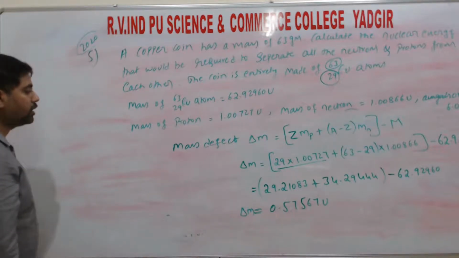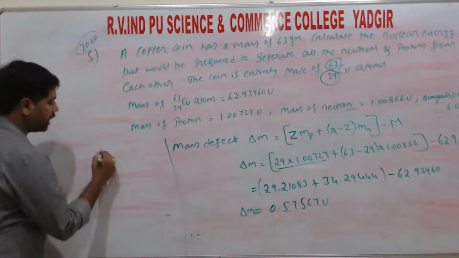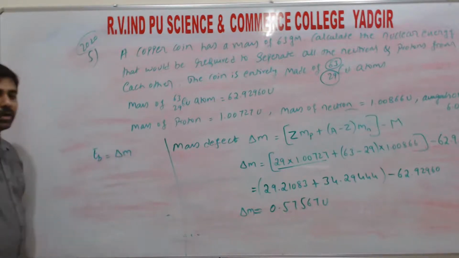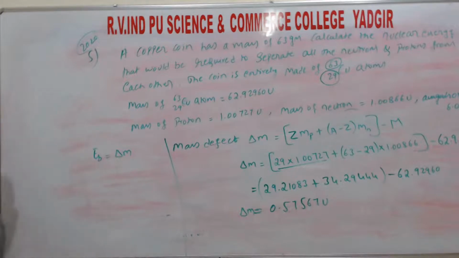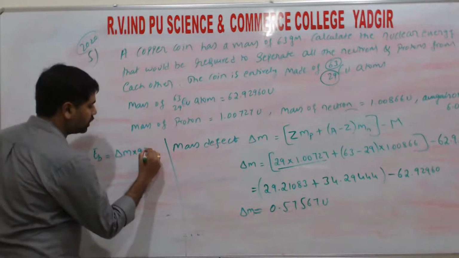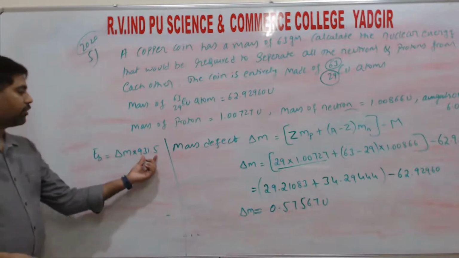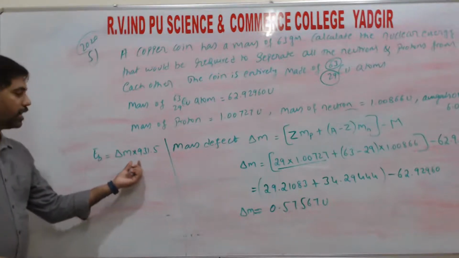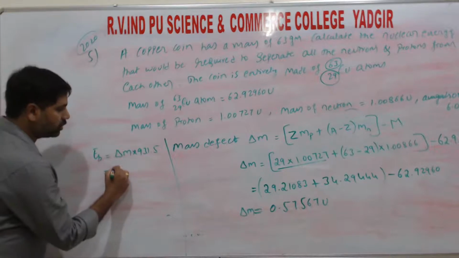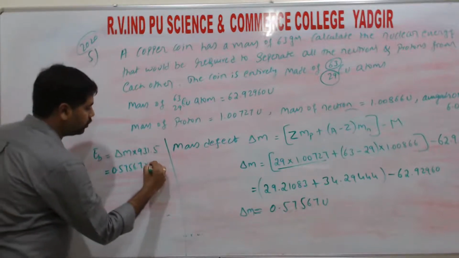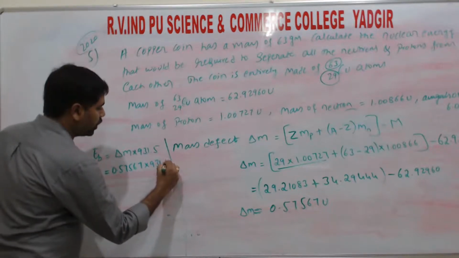So we need to find the binding energy, right? The binding energy EB is equal to delta M into the standard value 931.5. Here the delta M value they gave is 0.57567 into 931.5.